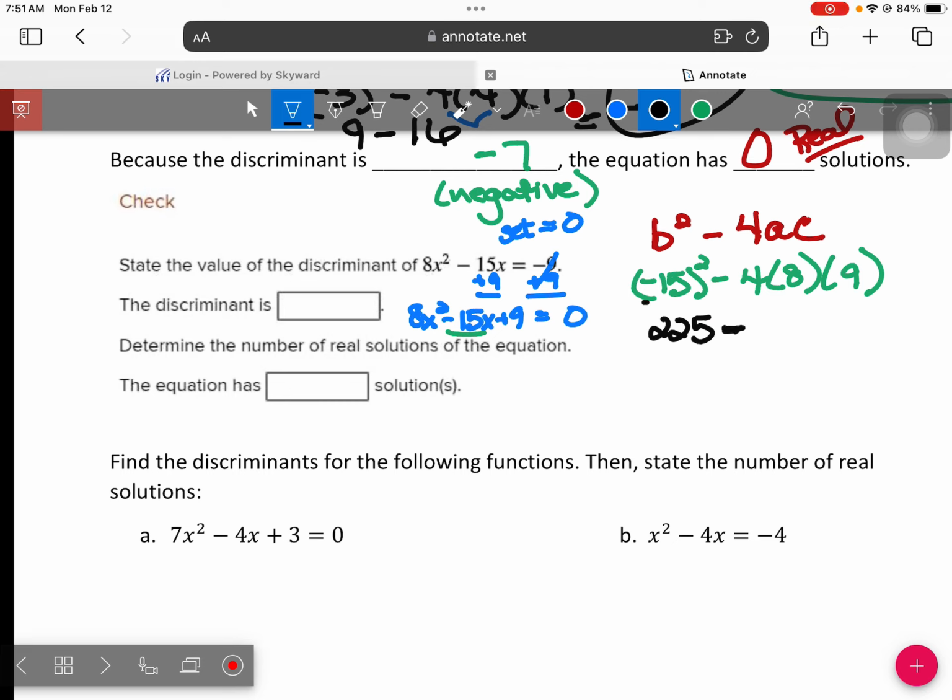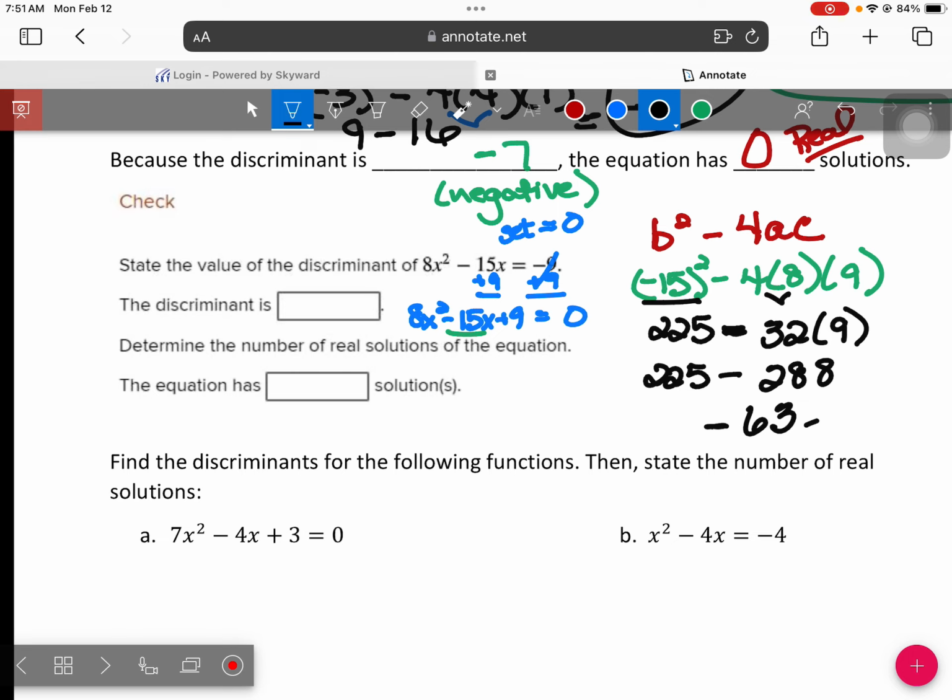Minus, okay, so you do the square first, you put the minus there, and then you start to multiply. 4 times 8 is 32 times 9. I don't know what that is right off the top of my head. But let's see. That leaves me with 225 minus 288. And if I subtract that, that's going to be negative 63. Somebody check my math. I think that's right.